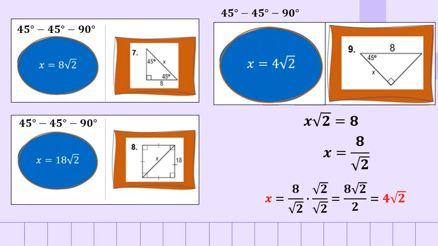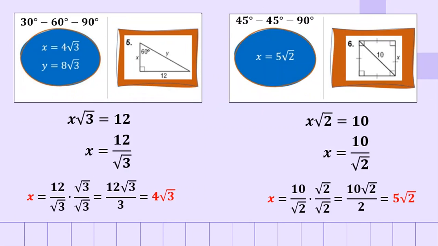Let's go to the third level of difficulty for the 45, 45, 90. That is number 6. From the legs to the hypotenuse, you will multiply it by square root of 2.